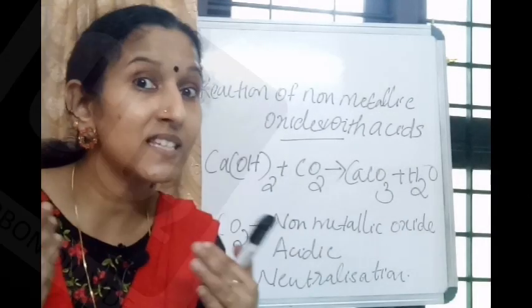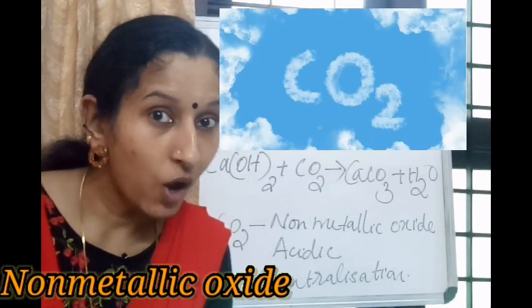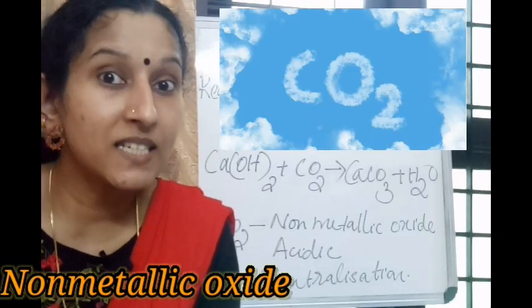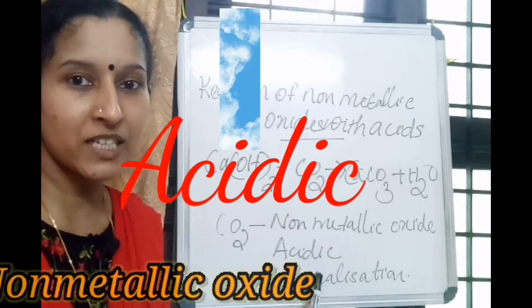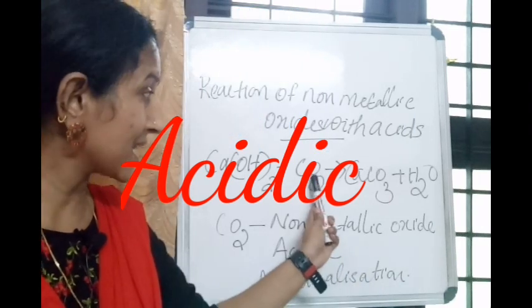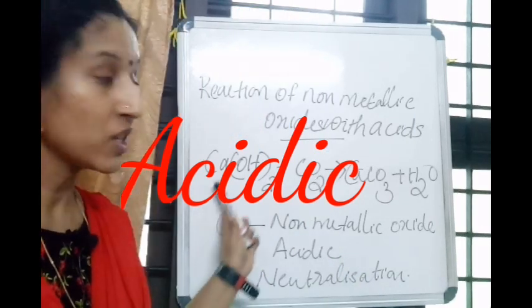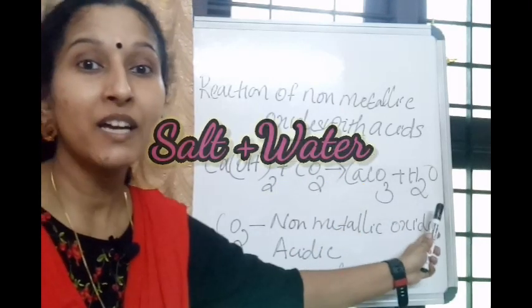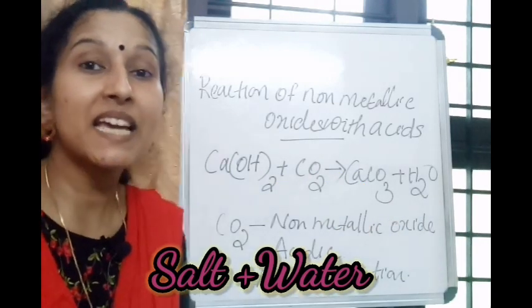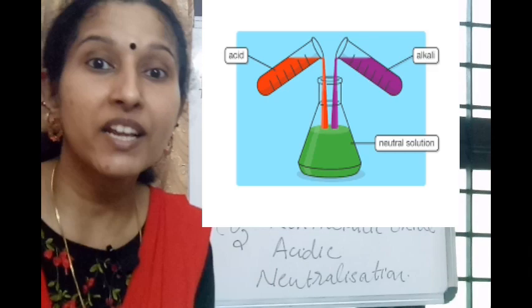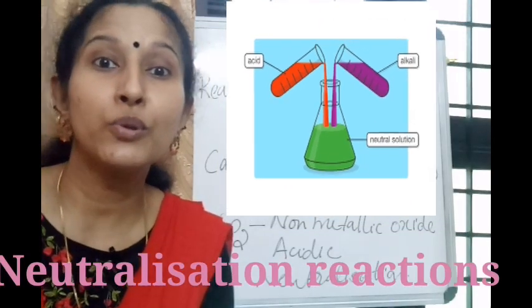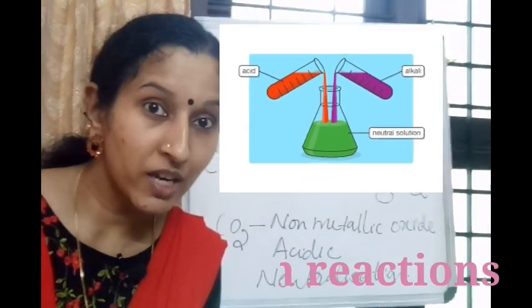Right. Carbon dioxide is an example of a non-metallic oxide. Non-metallic oxides are acidic in nature. So an acid reacts with a base to form salt and water. So clearly it is an example of a neutralization reaction. So what are you going to understand from this equation?